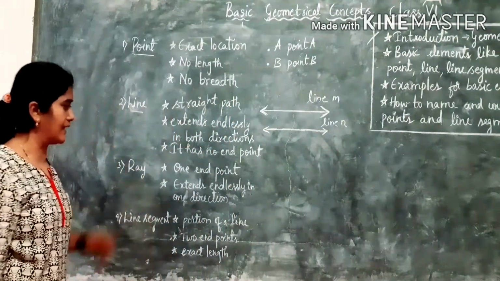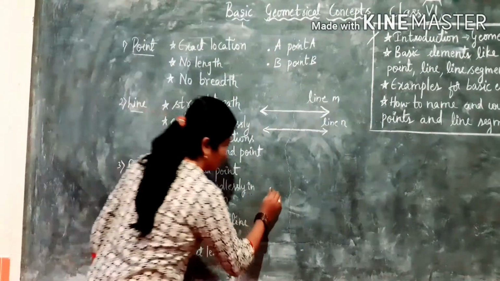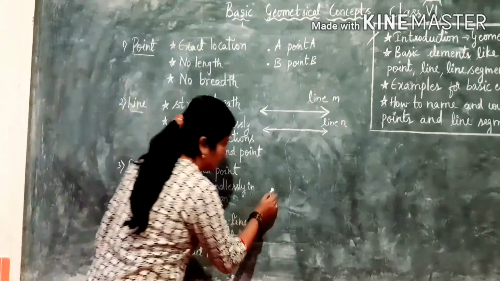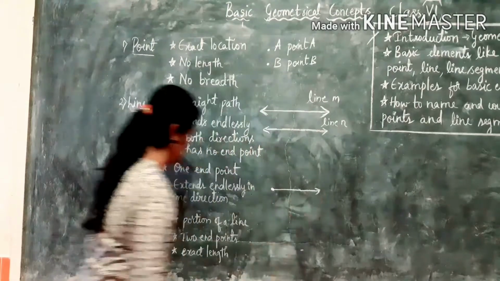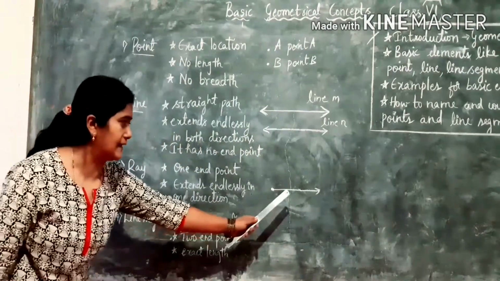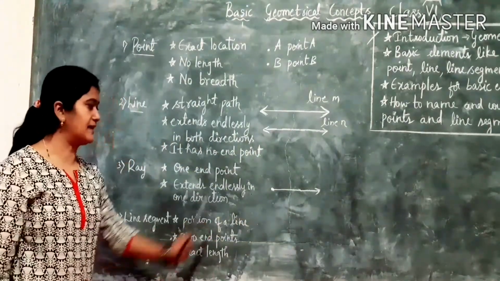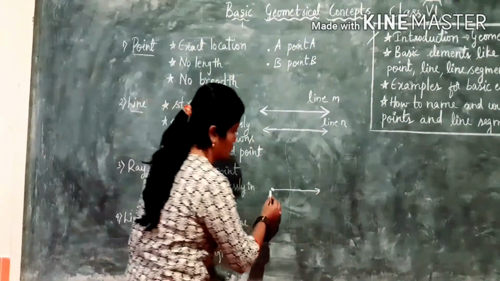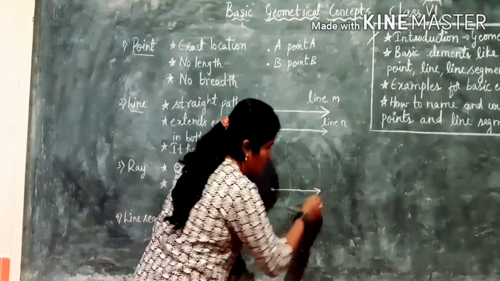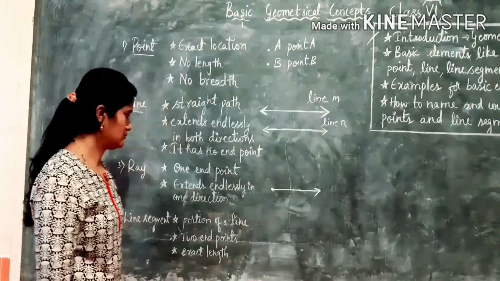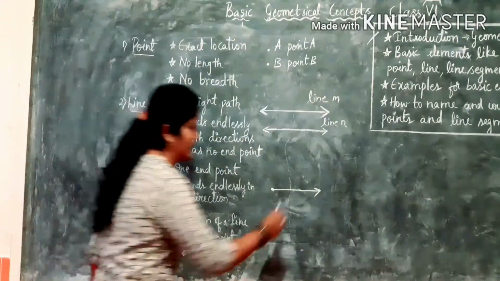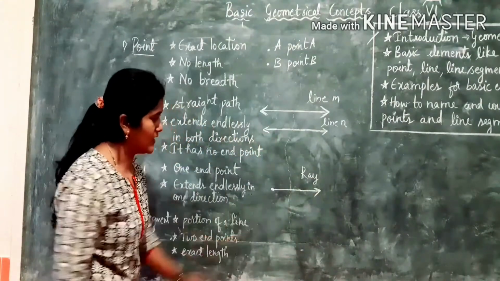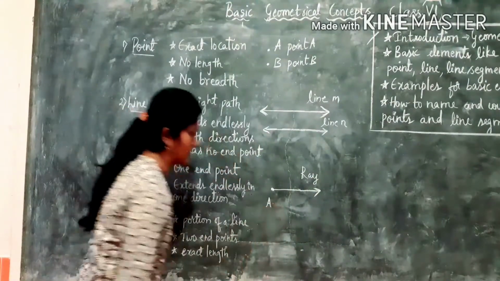Then coming to ray. Ray has got one end point and the other end extends endlessly in one direction. To show this extension, I have shown the arrow mark. So this is called as a ray. As you know, the points are represented by the capital letters.